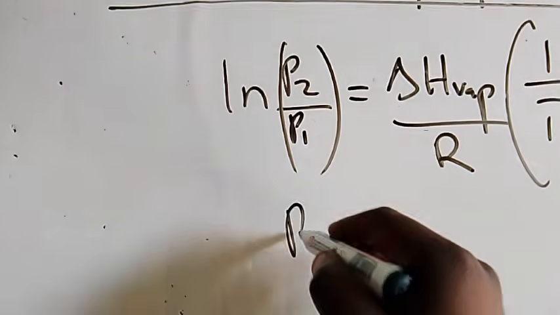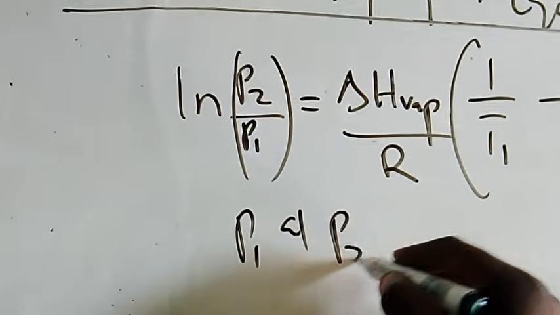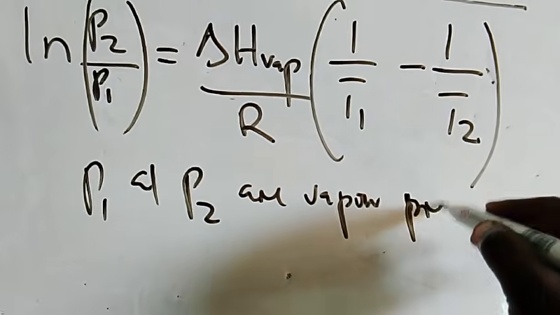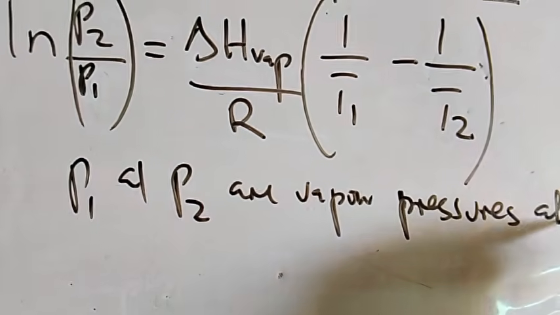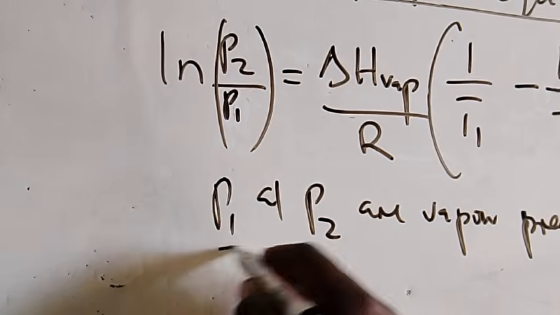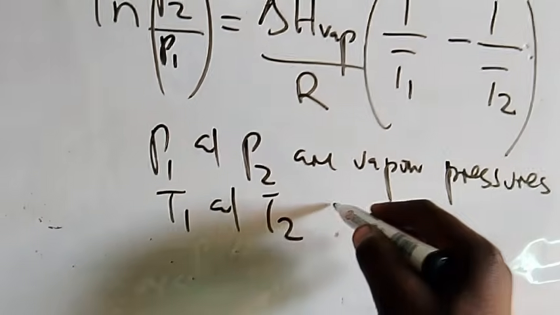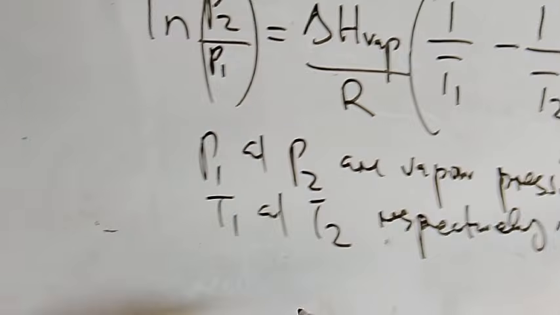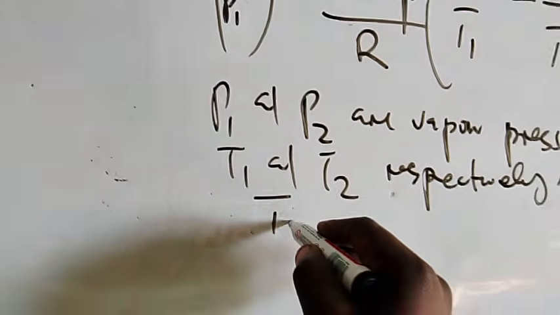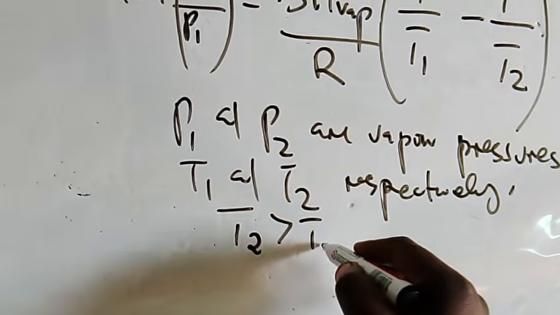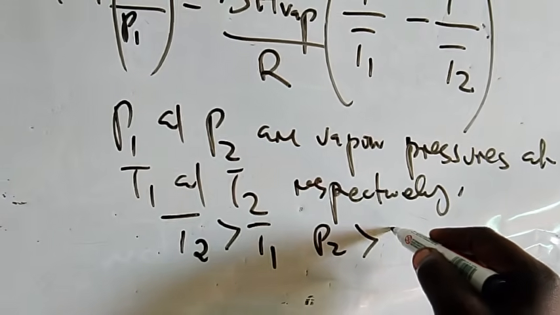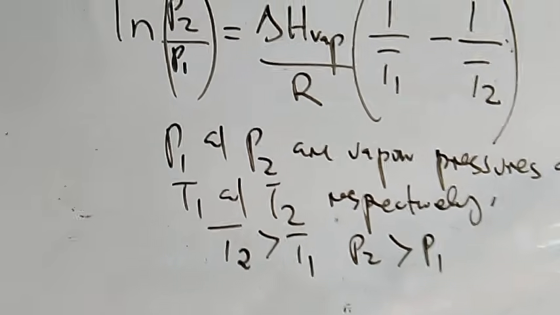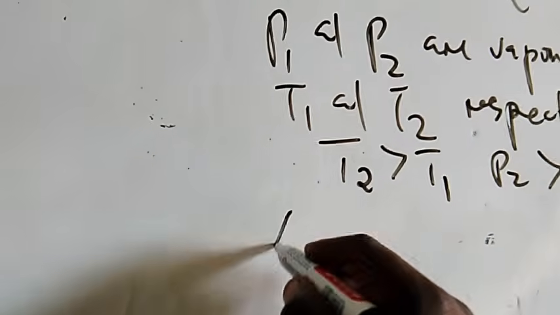Where P1 and P2 are vapor pressures at T1 and T2 respectively. Also take note that T2 is greater than T1, so P2 is greater than P1.